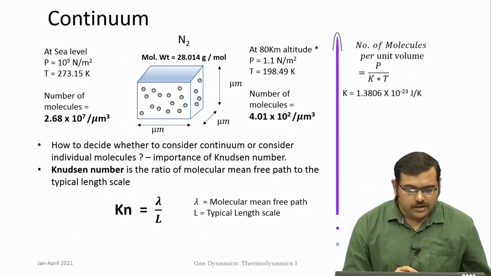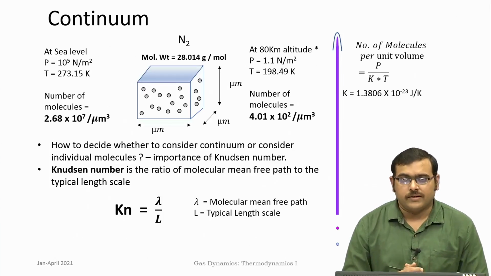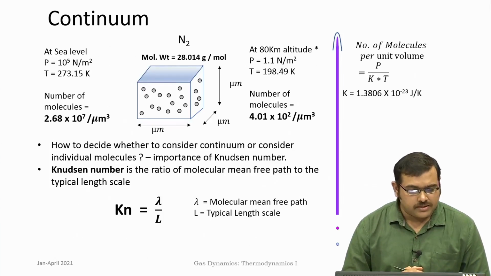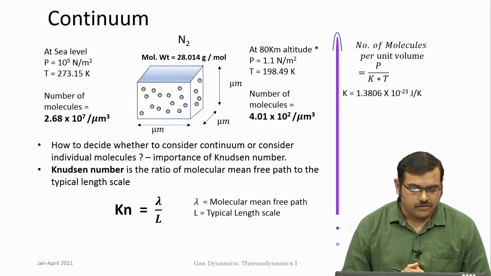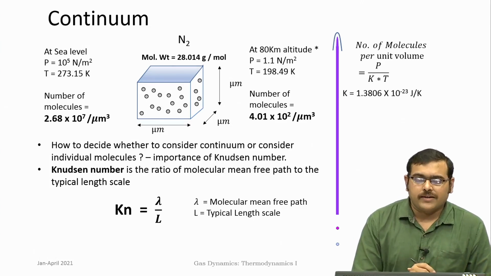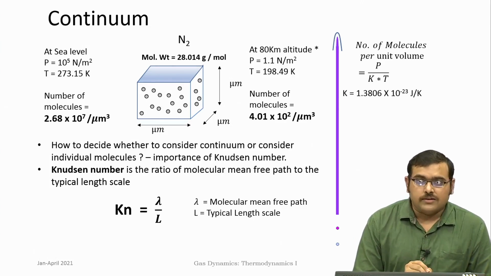Now, how do we decide whether we are in the continuum regime or not? We need a figure of merit, and these figures of merit always help us. That figure of merit is the Knudsen number.